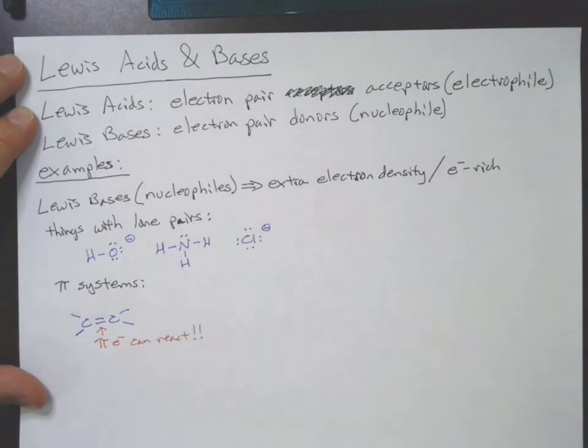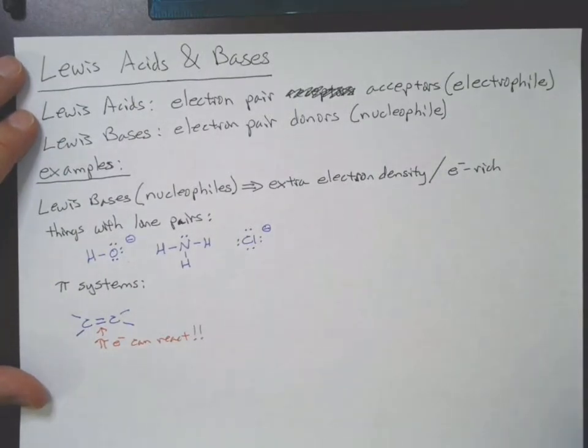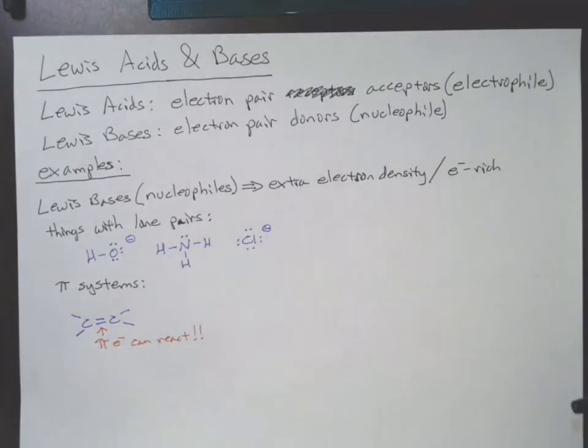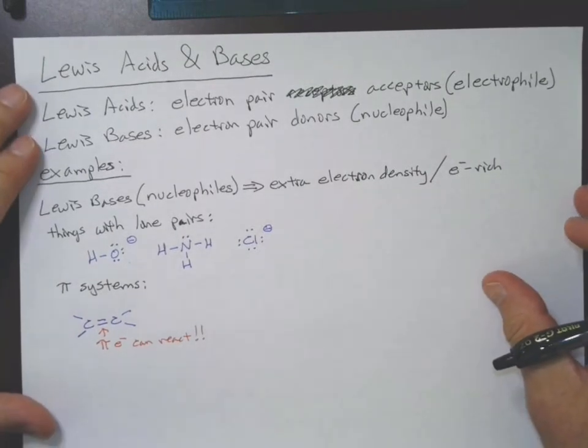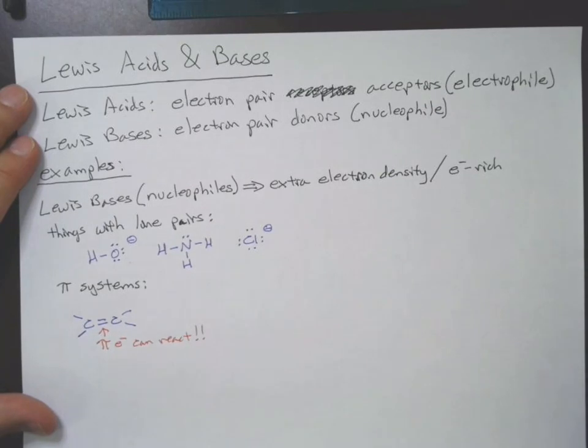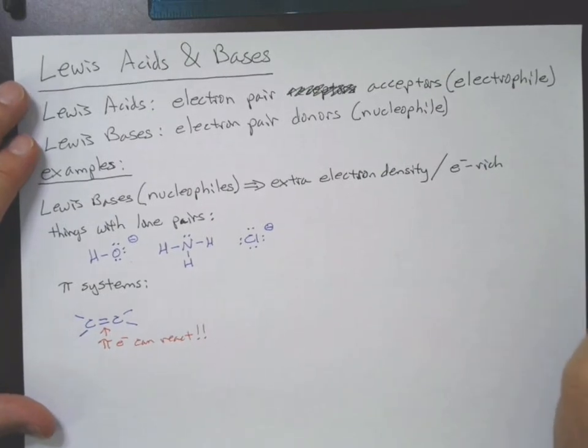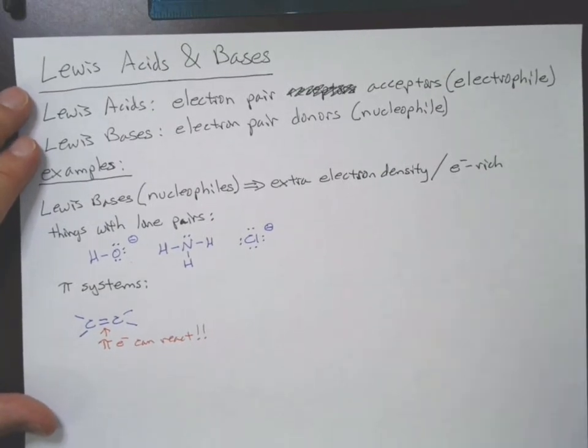So if our pi system comes across something that's electron deficient, then we can get a reaction. These are a few examples, and we'll run across more of them later on.